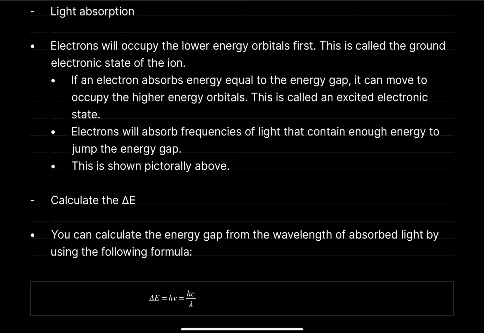So we can link the energy gap to the wavelength of absorbed light as well as its frequency, in order to help us work out the energy gap. So let's say we wanted to work out what an energy gap is. This could be very useful.